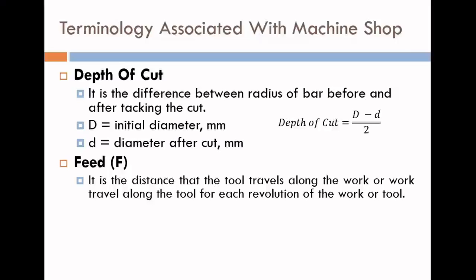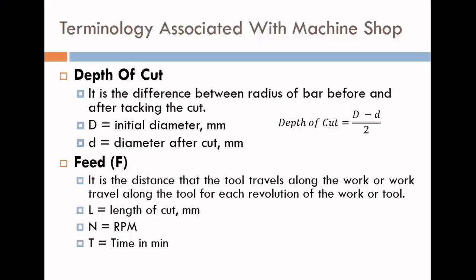No specific value for feed can be mentioned, as it is dependent on the depth of cut, the cutting speed and the power of the machine. L is the length of cut in centimeter, N is the RPM, T is the time in minutes. So feed F is equal to L upon NT mm per revolution.